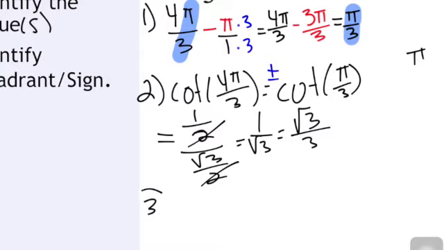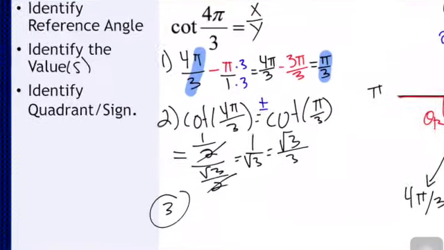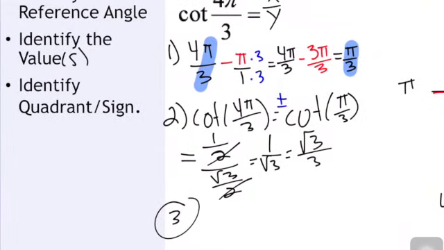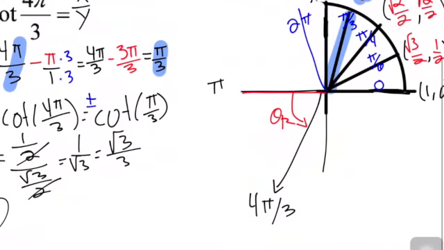Now, the third step is identify that quadrant and the sign, right? So we know it's in the third quadrant. So now you got to ask yourself, okay, what's the sign of tangent in the third quadrant?